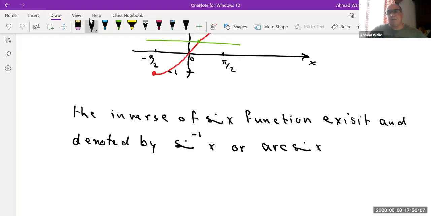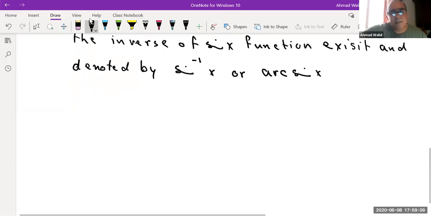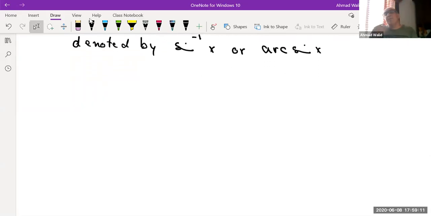Now, the topic of discussion in this class is the calculus of the inverse trigonometric functions.